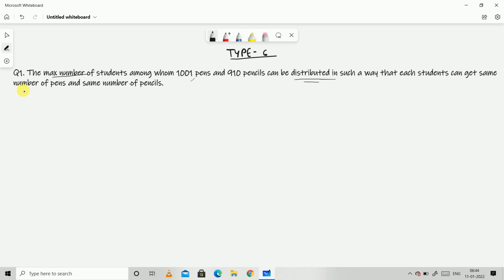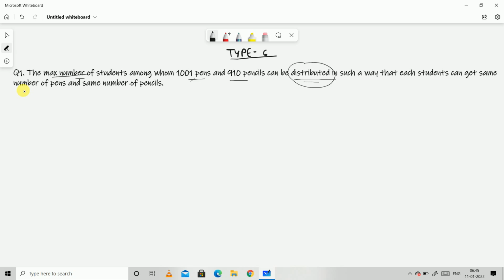The main hint in such miscellaneous problems is distribution. If the question talks about distribution, it's clear that you have to find the HCF. It is a trick for questions where you are not at all understanding whether you have to find LCM or HCF, but here it is otherwise also very clear, because it is asking the max number of students among whom I can distribute these many pens and pencils.